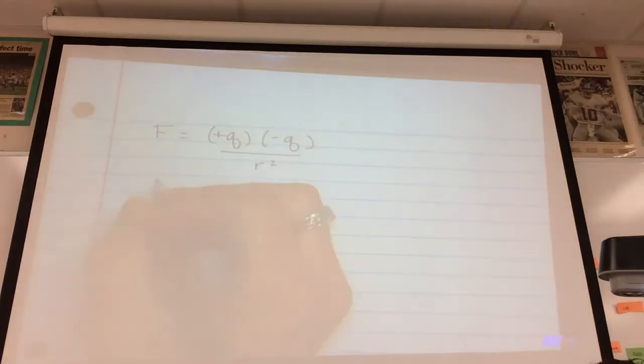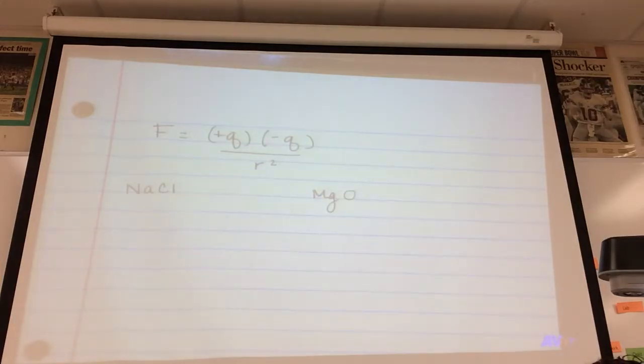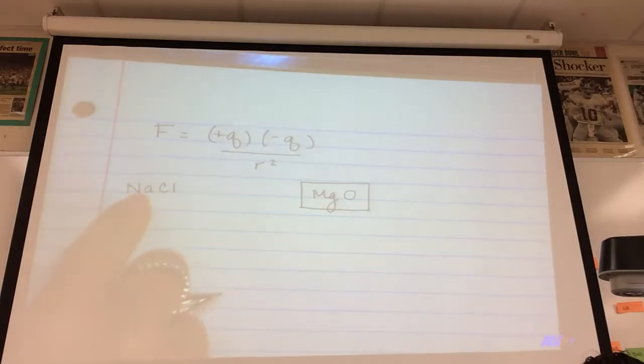So if you were comparing, for example, sodium chloride with magnesium oxide, the force of attraction between magnesium oxide would be significantly greater than sodium chloride.